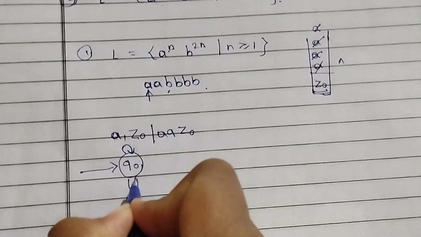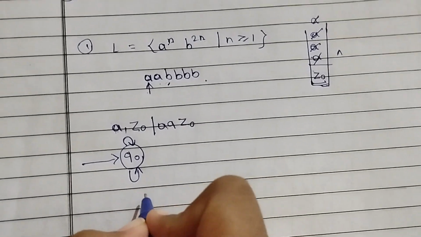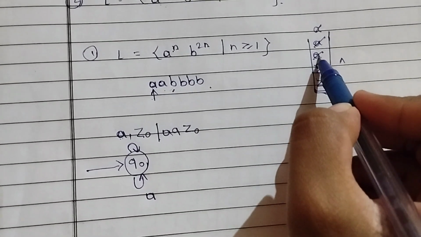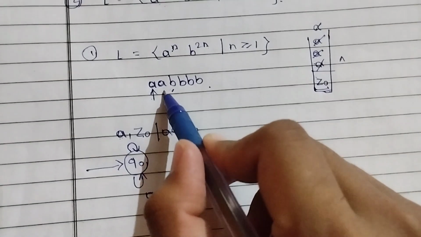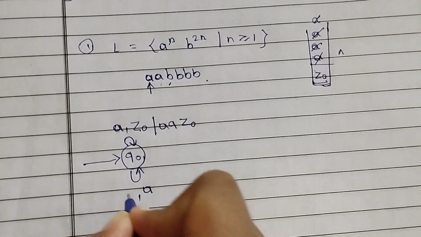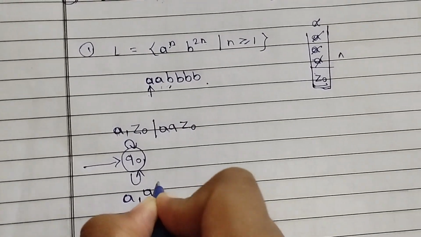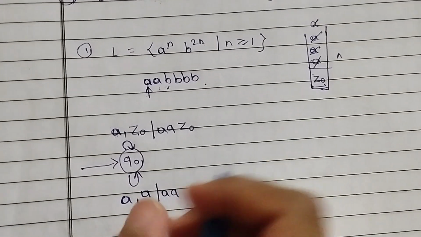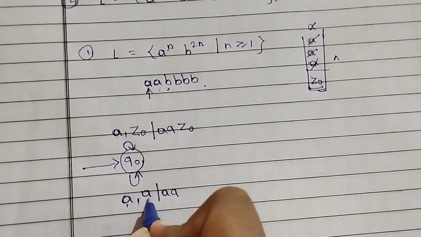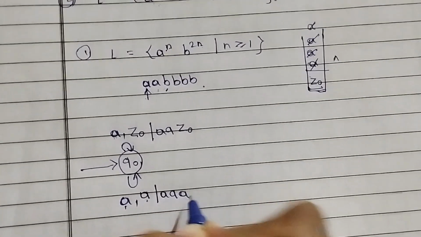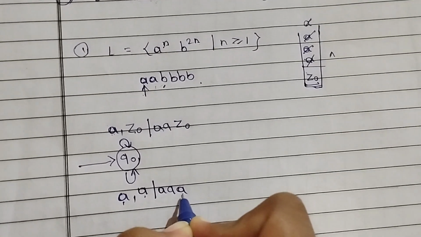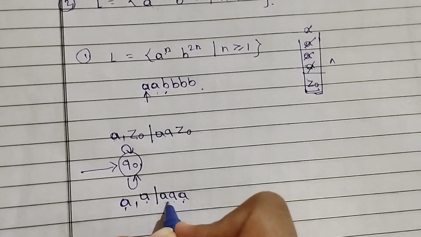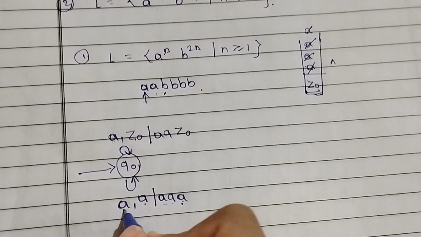Now again, a is already present here, and again a is read. So a is present, we read a, that time also we add 2 a's for this a, and the initial a is present, so this is also written. So the initial a is present, and these 2 a's we push in this stack for this single a.